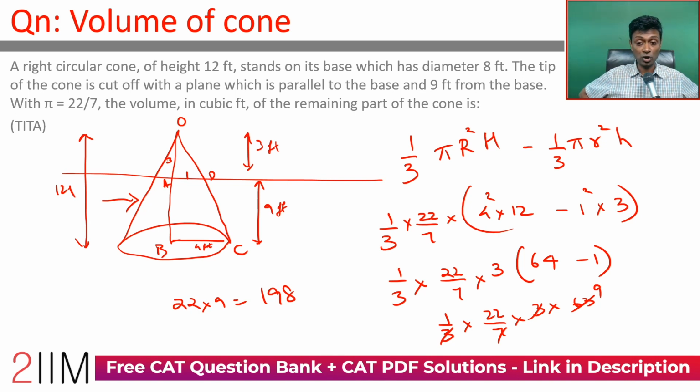Large cone minus small cone. That's the volume of the frustum, remaining part. Large cone has radius 4 and height 12. Small cone has radius 1 and height 3. So 4 square into 12 minus 1 square into 3. Fine. So this is 3 times 63, and then multiply that and get to the answer.